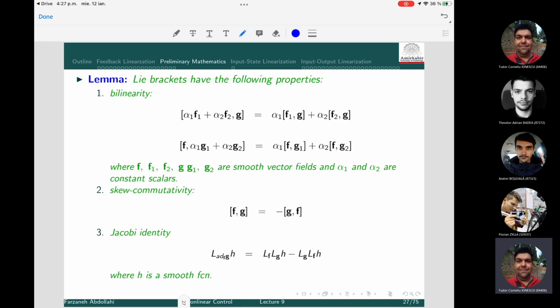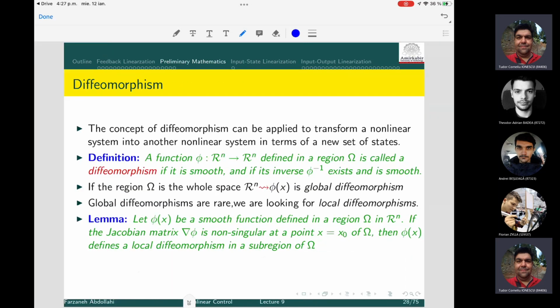The Lie bracket of f and g is minus the Lie bracket between g and f. You remember we proved these properties last time, so here I'm just going to recall them. And the so-called Jacobi identity: the Lie derivative of h with respect to the adjoint of g with respect to f is L_f L_g h minus L_g L_f h. So these are the main properties of the Lie bracket.